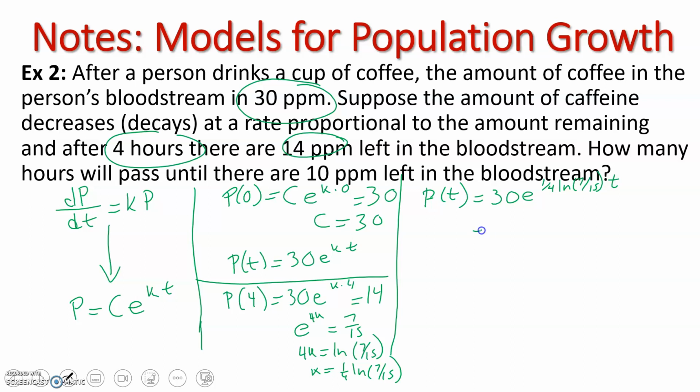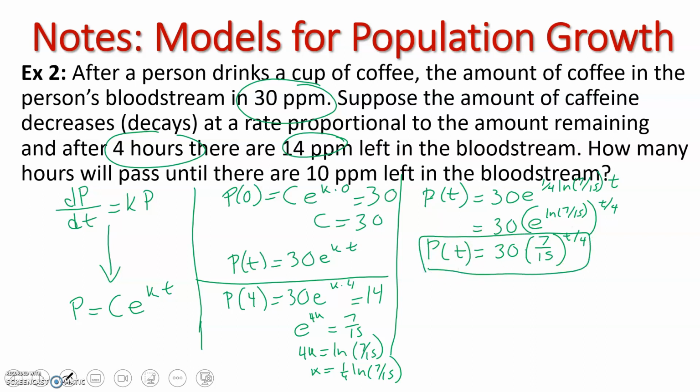Now cleaning this up, we get 30, and then we have e to the ln of 7/15 to the t over 4. e and ln are mathematical inverses, so this becomes 30 times 7/15 to the power of t over 4. And that's our mathematical model.